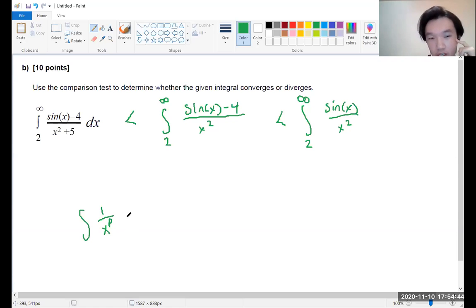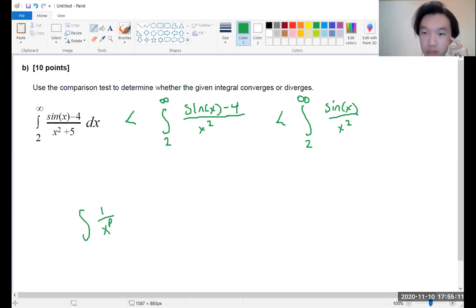They're just calling the exponent in the denominator the p-value, because the general form is 1 over x to some power p. But yeah, let's keep thinking. So we're not allowed to conclude that it converges just because there's a square in the denominator, because it's not in the form 1 over x to some power.